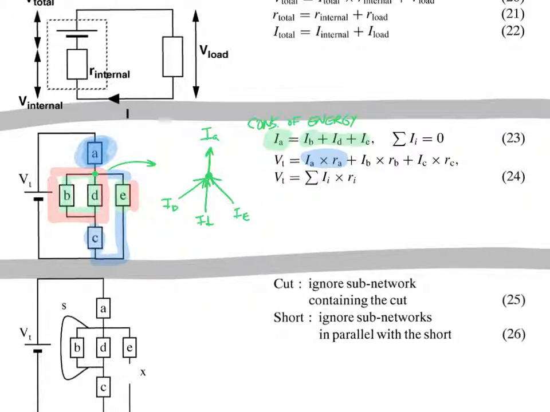There's a current going through resistor A, and there's a resistance value for resistor A, and Ohm's law says voltage is current times resistance. So total voltage would have to equal all of the individual voltage resistance product pairs. It would have to be that, okay?